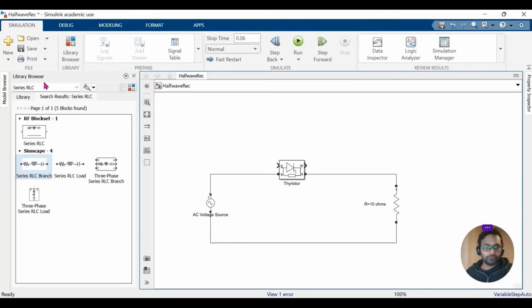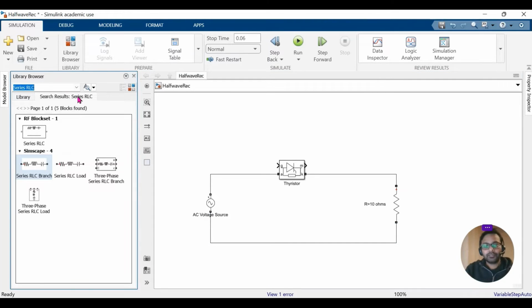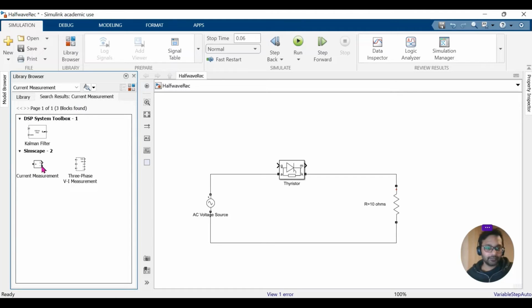Now for the measurements, I will need to measure the current, the supply voltage, as well as the voltage across the load resistor. So again I will need the current measurement and the voltage measurement.